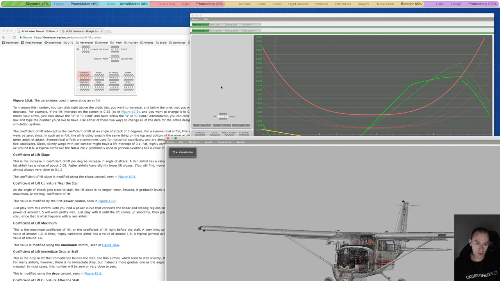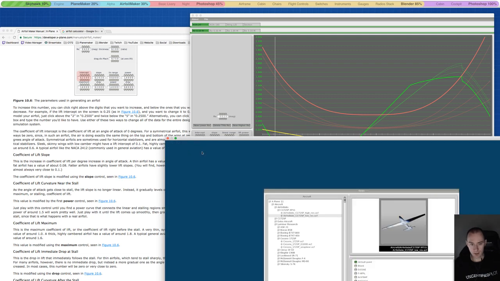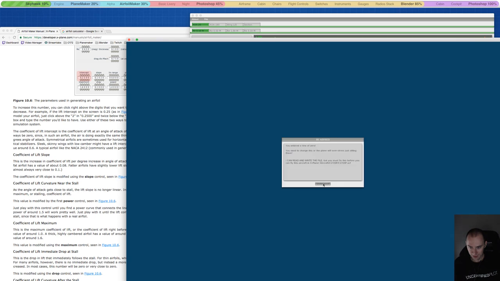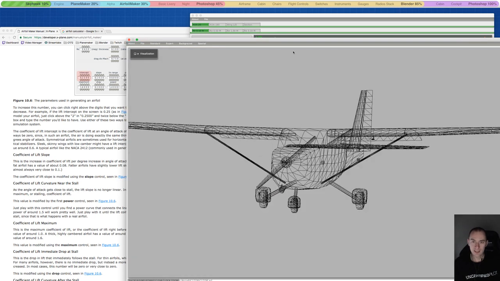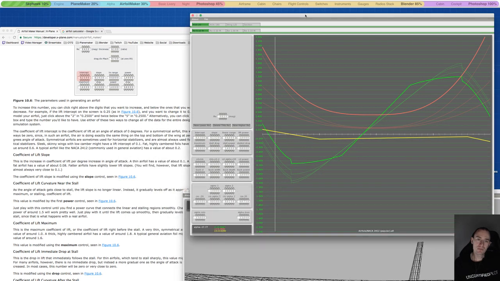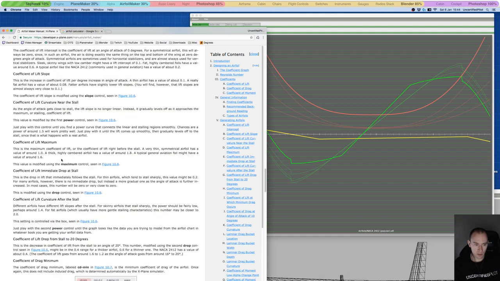What we could do, let's load up our Cessna because it's so pretty. What about this? Because it gets a little bit boring to go through all of these different ones. We're almost there.